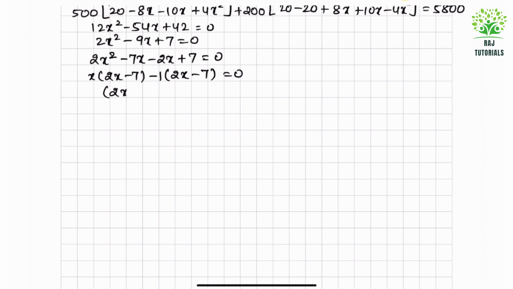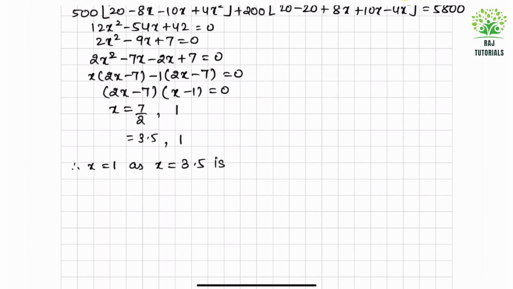So either 2x minus 7 or x minus 1 equal to 0. So either x I will get 7 by 2 or 1. So 7 by 2 means 3.5 and 1. Therefore x equal to 1, as x equal to 3.5 is not possible.